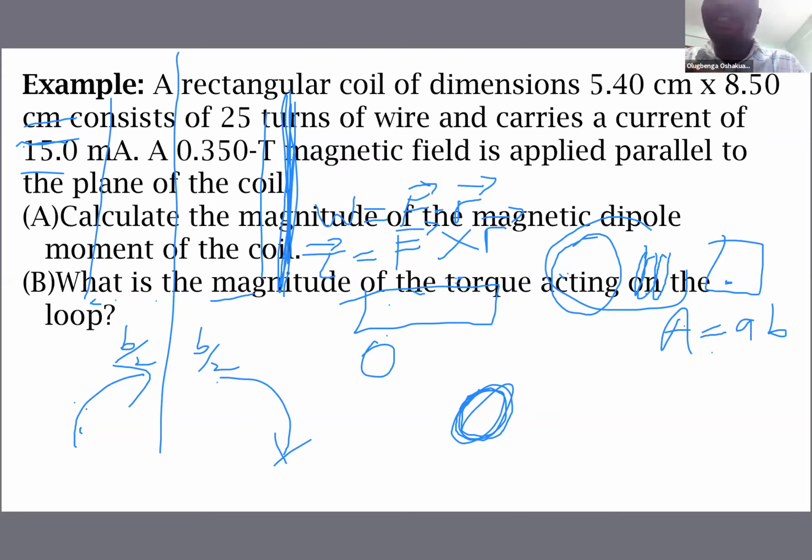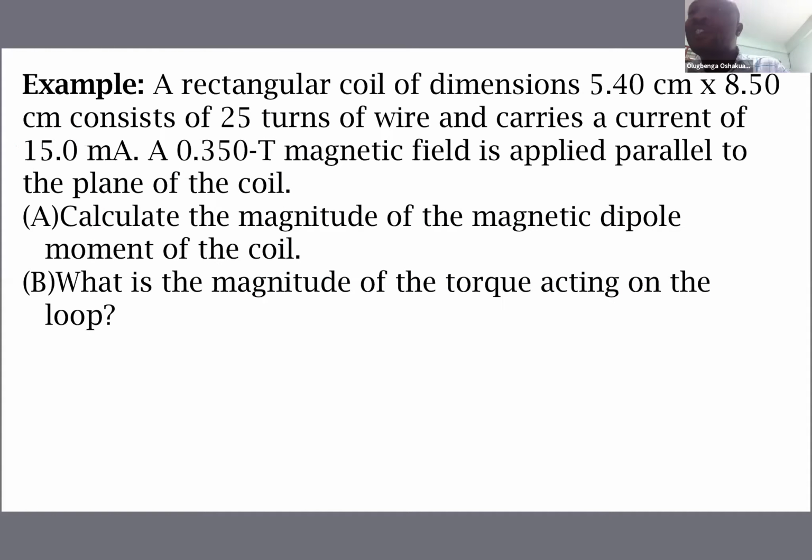The example is saying that a rectangular coil of dimensions 5.4 centimeter and 8.5 centimeter consists of 25 turns of wire and carries a current of 15 milliampere. A 0.35 Tesla magnetic field is applied parallel to the plane. Calculate the magnitude of the magnetic dipole.